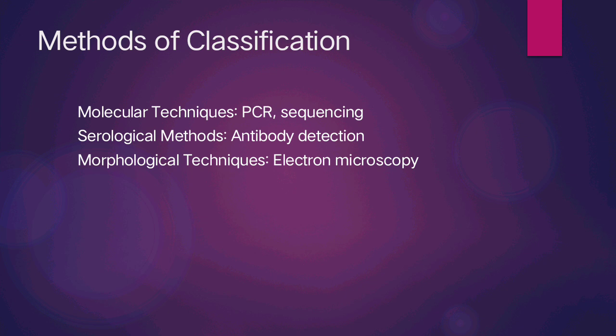Methods of classification: molecular techniques, PCR, sequencing; serological methods, antibody detection; morphological techniques, electron microscopy. Application of viral classification: it makes it easy to identify the classes of virus in certain groups.